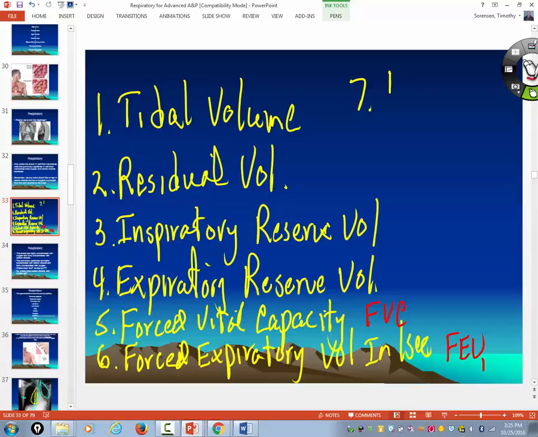And of that air that you can take in and blow out with one breath, how much of that air can you get out in the first second? So that's why they look at what's called the FEV1 to FVC ratio. That will give you an idea of whether or not this person has an obstructed airway pattern. So let me give you an example of this.